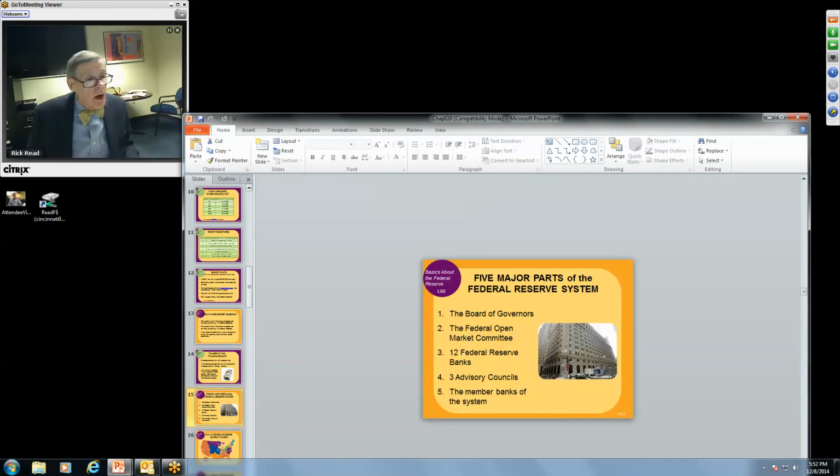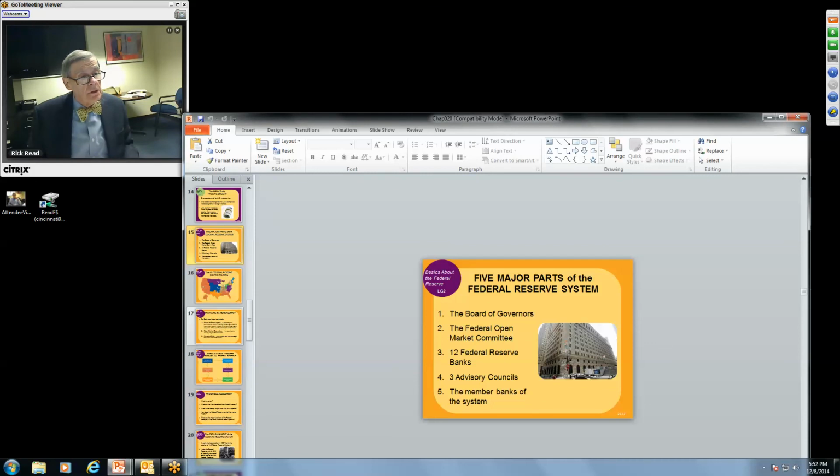Now we are going from money itself to the outfit that controls money, known as the Federal Reserve. As you know, the Federal Reserve sets the interest rates. It sets a lot of other things, and it's made up of what we have here.